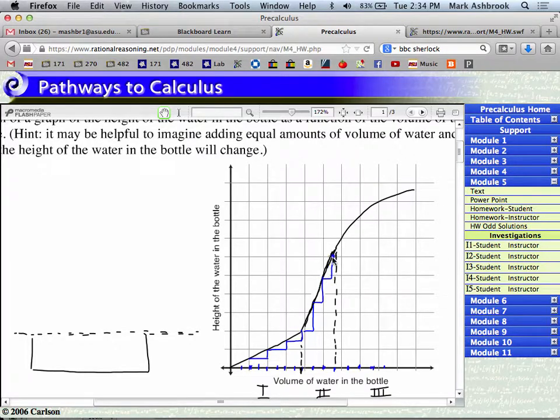So in this part of the bottle, you're saying the changes in height are greater than the changes in x. Okay, but just in this part of the bottle, what about the changes in height? Do they decrease, stay the same, or increase? They stay the same.